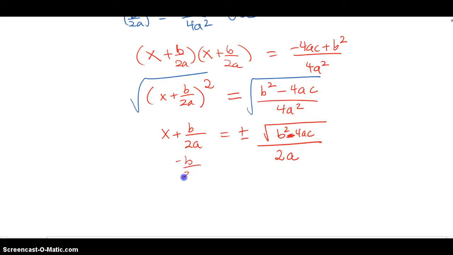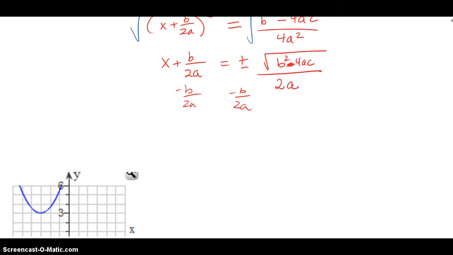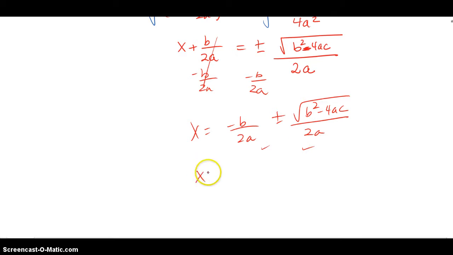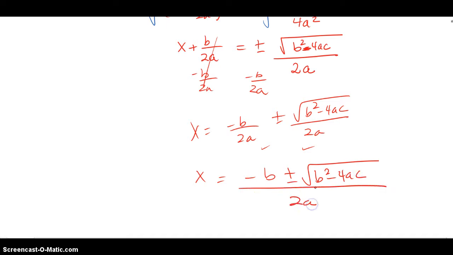Now I'm going to isolate x, so move this to the other side, and I have x equals negative b over 2a plus or minus this business. And since they have a common denominator, I can put them together: negative b plus or minus square root of b squared minus 4ac all over 2a.